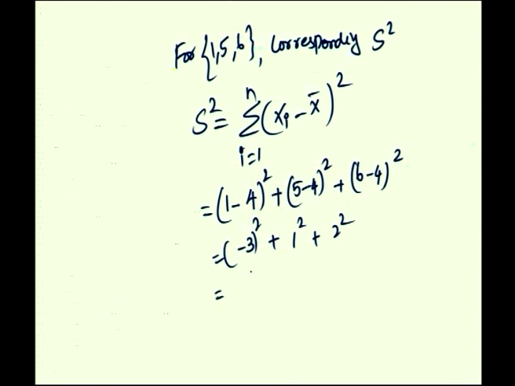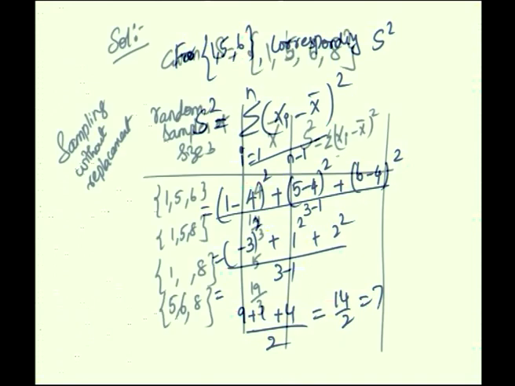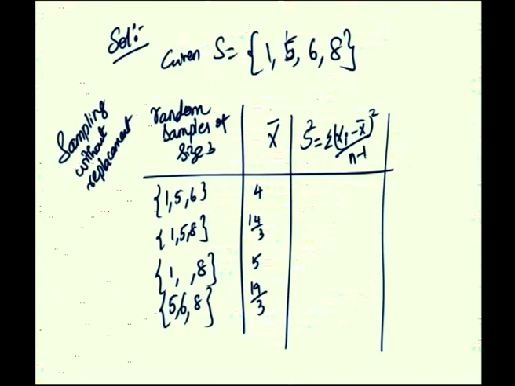Actually, S square is summation xi minus x bar whole square by n minus 1, so the whole thing divided by n minus 1, which is 3 minus 1. That is 9 plus 1 plus 4 by 2, which is equal to 14 by 2, equal to 7. So this is 7.